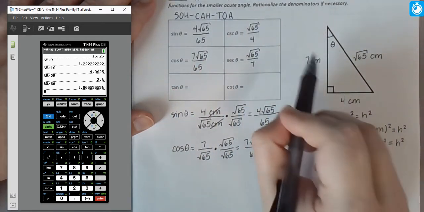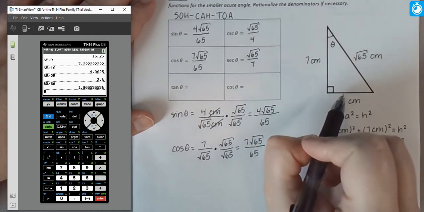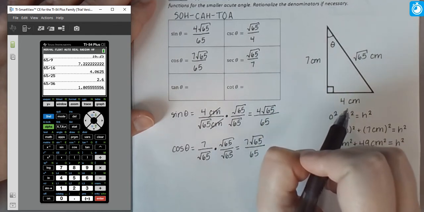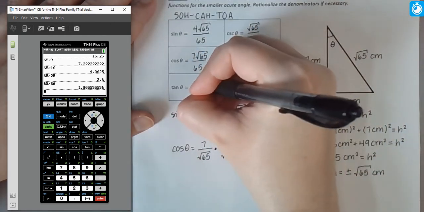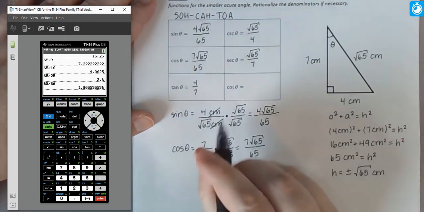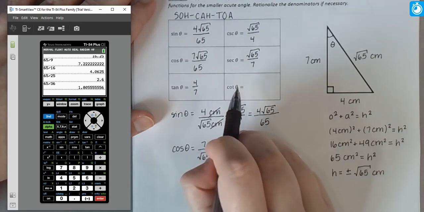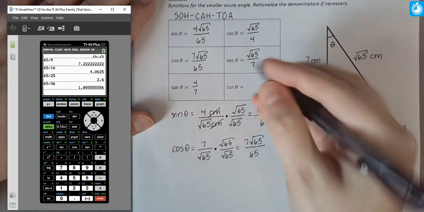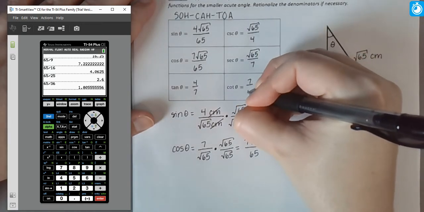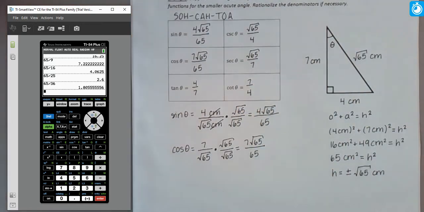Well, notice neither of those sides involve a radical length at all. So we can immediately report that one as being already rationalized. So opposite over adjacent is going to be 4 over 7. And then again, cotangent is going to be the reciprocal. So adjacent over opposite, which is going to be 7 over 4. And that's going to give us all of our trigonometric values.